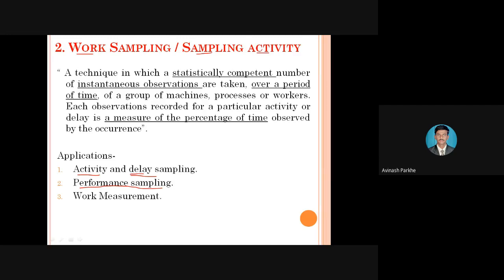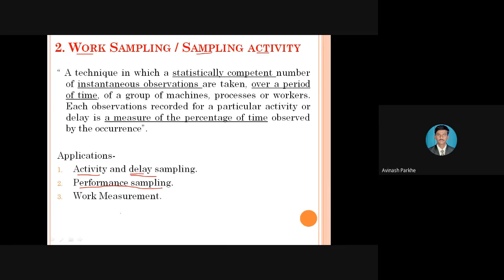But suppose in the first visit the operator is working, in the second visit the machine is totally stopped and the operator is not working, and again in the third visit the machine is totally stopped and the operator is not working. Then we can say that the performance of machine number 1 and of that operator is not as per the requirement. Based on this, we can go for the calculation of the performance rating.